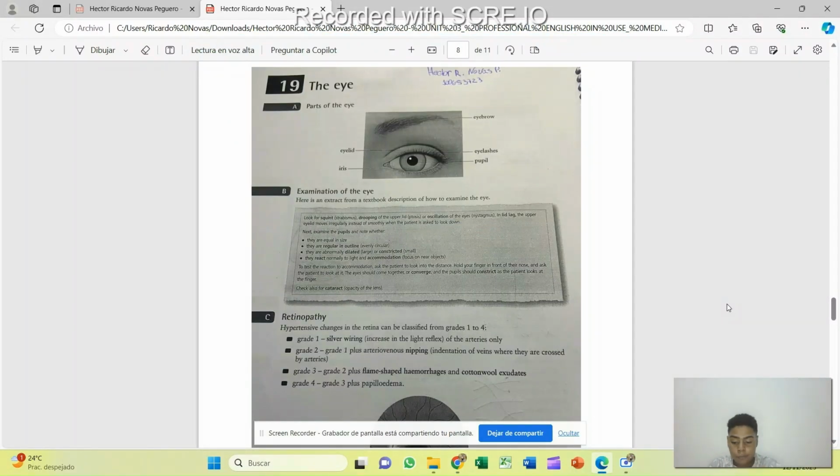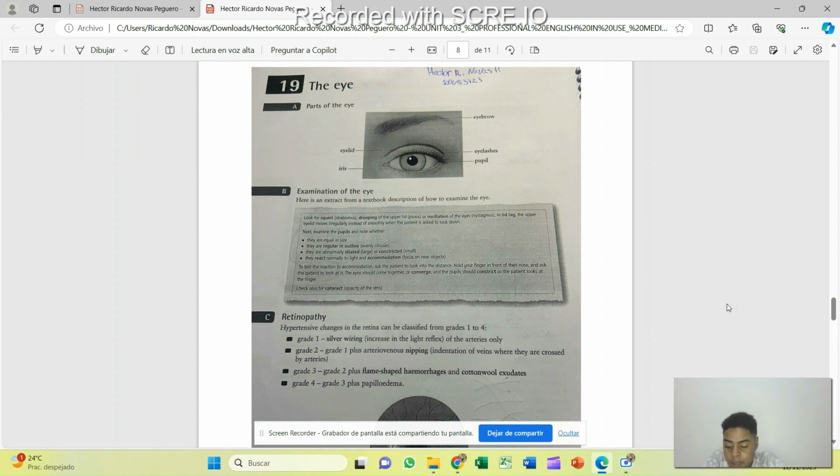Chapter 19. The eyes. A. Parts of the eye: eyebrow, eyelashes, pupil, iris, eyelid. B. Examination of the eyes. Here is an extract from a textbook description of how to examine the eyes.